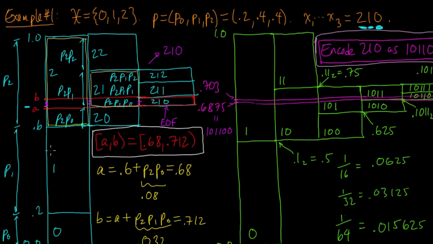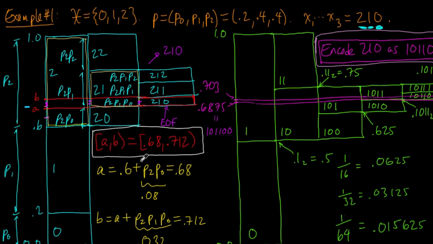Well, that's actually a valid code. That actually encodes for something valid, right? Because here's 101, and it's point 101, which is 0.625 in decimal, and so that's somewhere right around here. And so that actually encodes for the sequence 20, right?